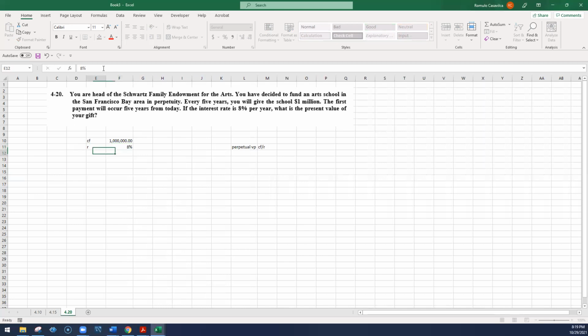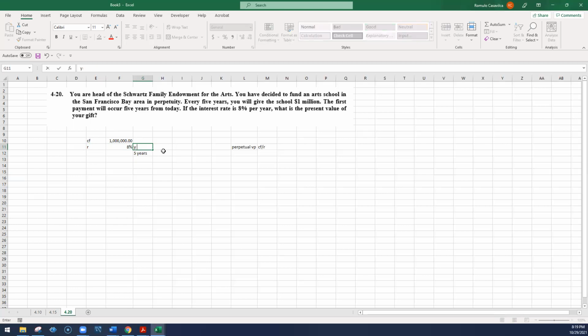What is the present value of your gift? Here we have to keep in mind that this rate is yearly, so we need to convert it to a 5-year rate, because I will hold for 5 years to make the investment and need to compound those 5 years.